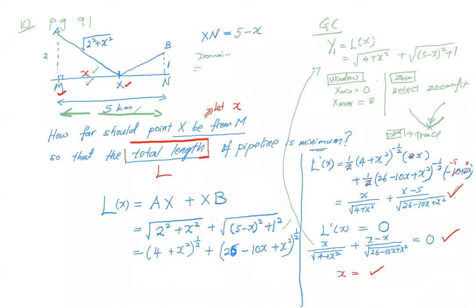So don't just give up because the equation is very difficult to solve. You use your GC. It's 4.83. No, I don't think it's right. 4.62. No, should be 3 point something.